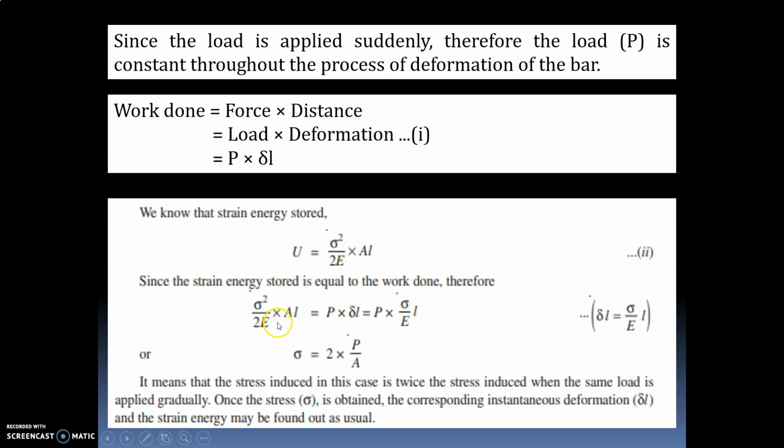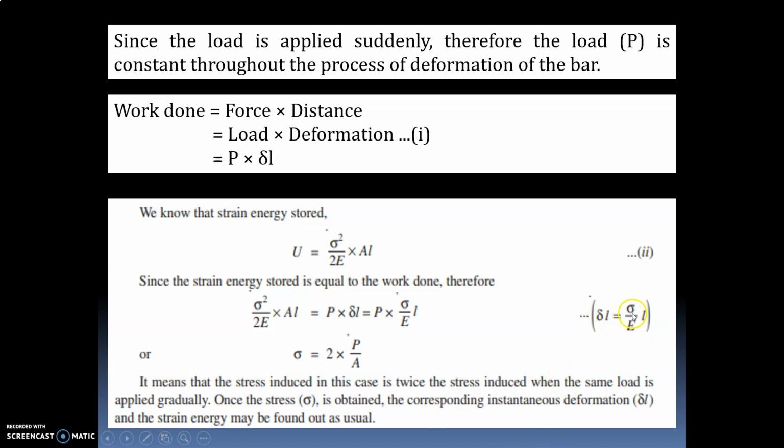Sigma square divided by 2E into AL is equal to P into delta L. P into delta L is nothing but P into sigma divided by E into L. Why is this? The formula we know, from the first chapter: delta L is equal to PL divided by A into E. P divided by A is sigma, stress is equal to load divided by area.